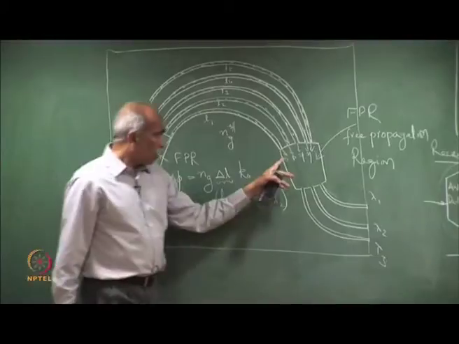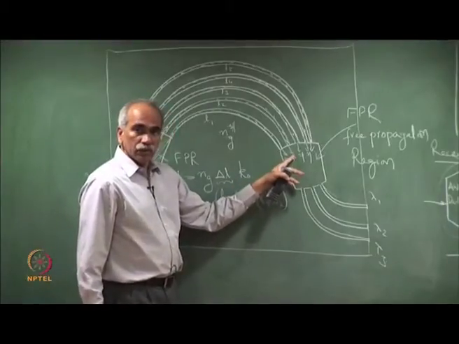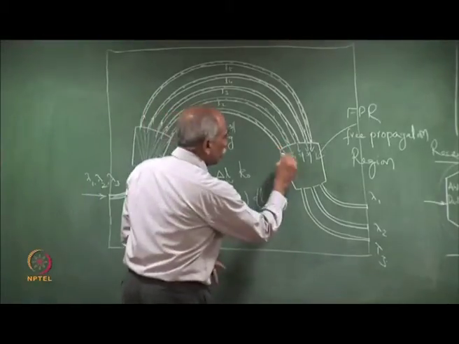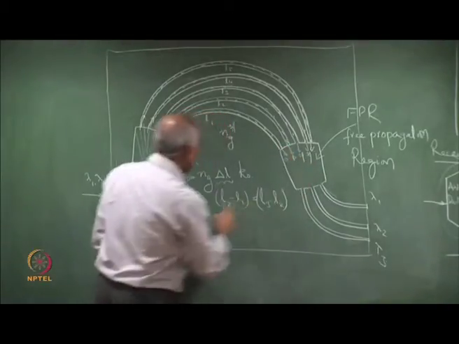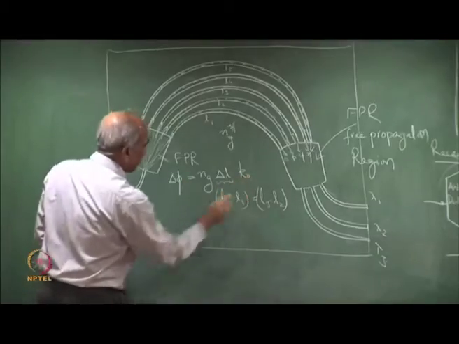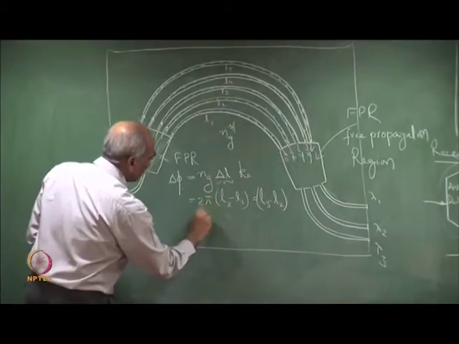So, depending on the phase difference phi, the output could vary. So this del phi is equal to k naught, so this is equal to 2 pi by lambda.